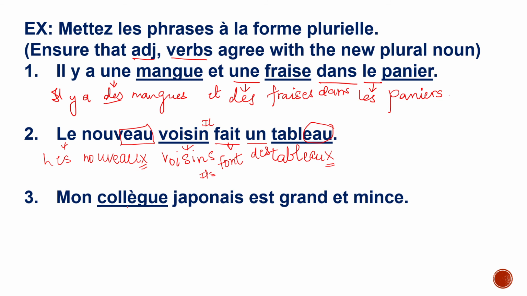Now, the last one. Only one word has been underlined, but you will see the entire sentence will change. So collègue is a simple colleague. Just have to add an S. Now change the rest. Mon will become mes. Japonais ends with S already, so the plural will remain the same.